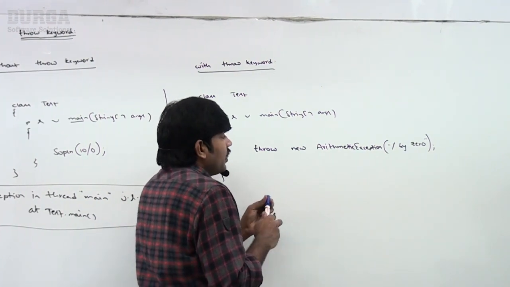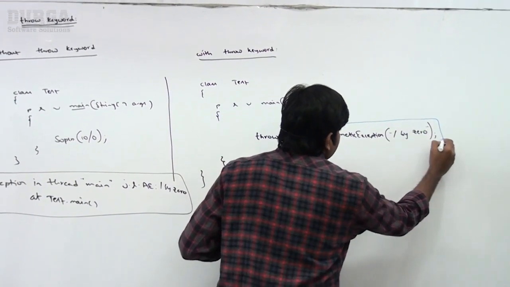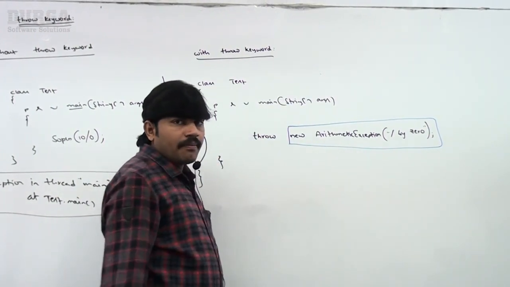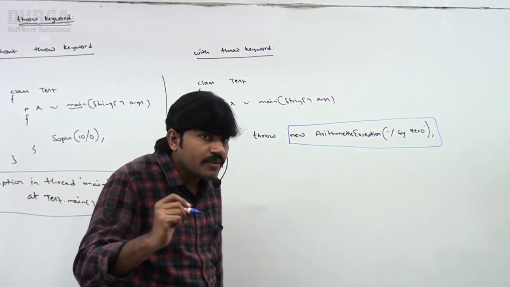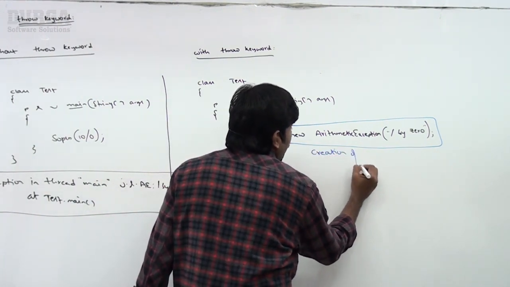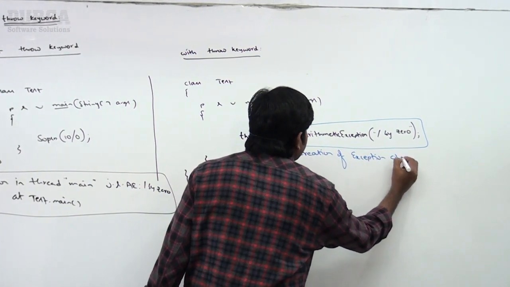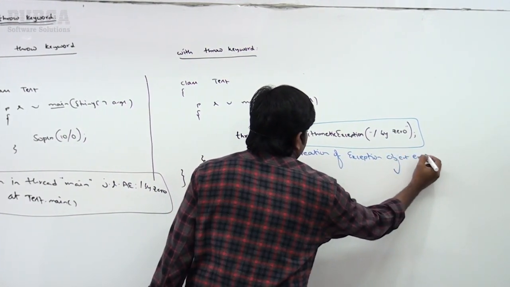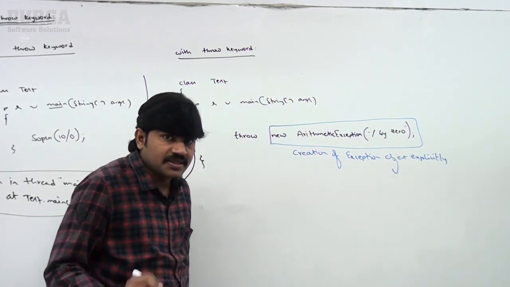Sir, do you know ArithmeticException? New ArithmeticException. What am I doing? Creation of exception object explicitly. Sir, I created the exception object explicitly.